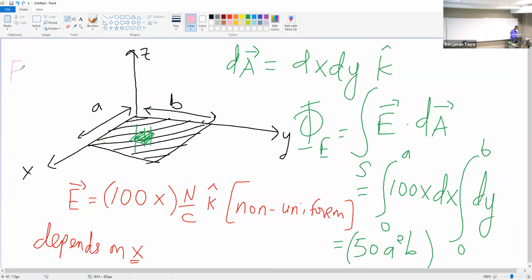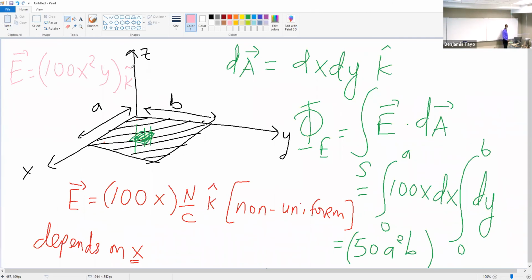What if your electric field vector was equal to 100 x squared y? Something like that. Then in this case, you're going to integrate x squared dx from 0 to a, and then you integrate y dy from 0 to b.